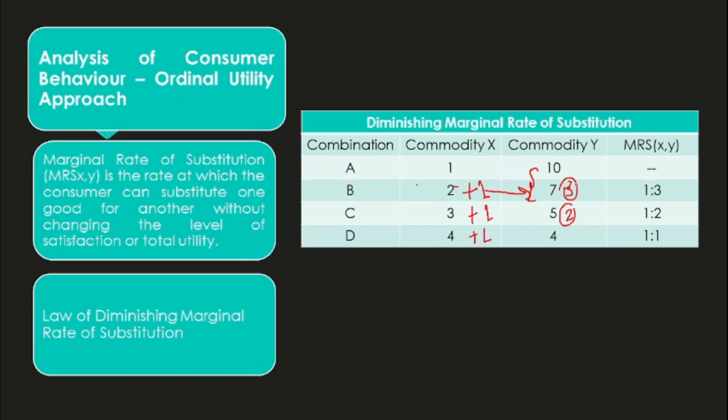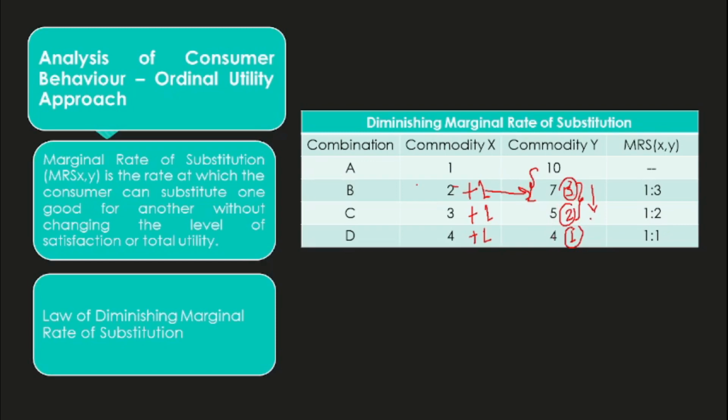But the amount of commodity Y that we are sacrificing is diminishing. It was 3 in case B, then only 2 in case C, and by the time we arrive at case D, the difference is only 1, from 5 units to 4 units.